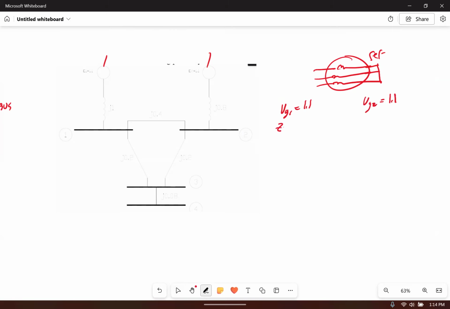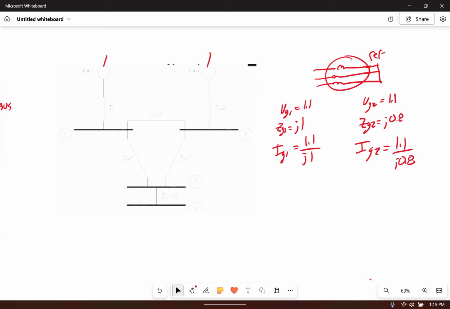Z for generator 1 is equal to j0.1 and Z for generator 2 is equal to j0.8. For doing a Norton equivalent, my current source equivalent, IG1, is just V divided by Z for both of those. Now I know what those 2 current sources are.